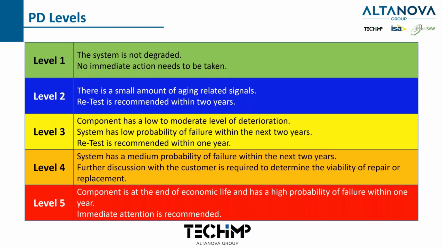You probably want to just keep monitoring this, test every year, and make sure your level 3s are still level 3s. Once they progress into level 4 or 5, the only difference between level 4 and level 5 is time of failure. You have more time with a level 4 than a level 5. But it will fail and it does need to be addressed.